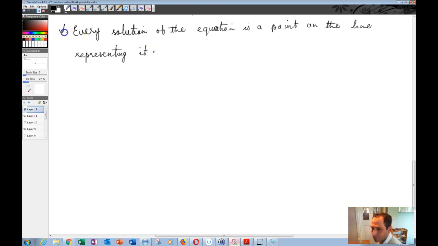This is important. Every solution of the equation is a point on the line representing it. So that's all about that.